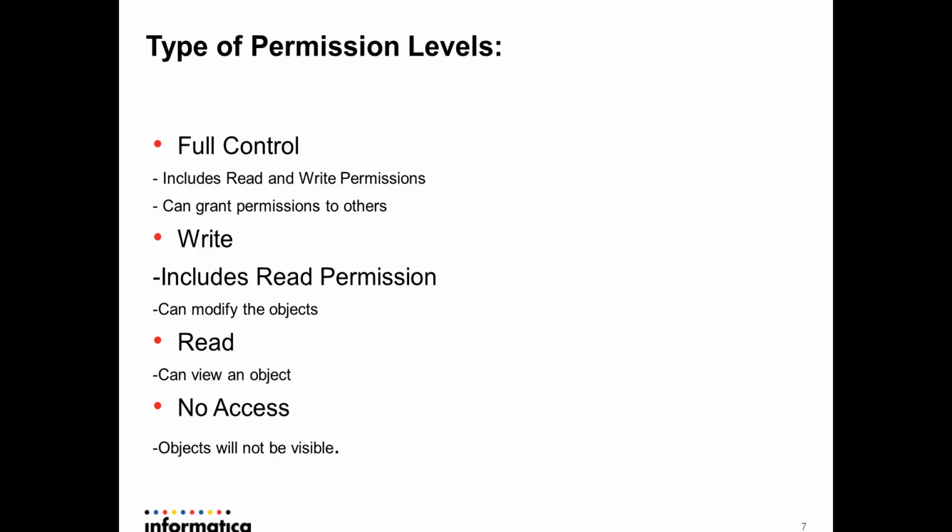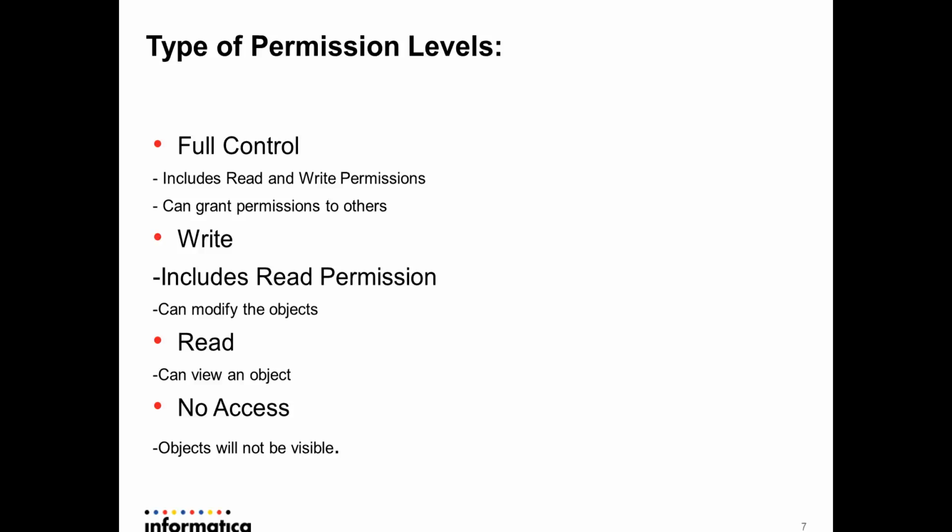The different types of permission levels: one is full control, which includes read and write permissions, and if a user has full control, then the user can grant permissions to other users as well. The other is write, which includes read permission, and if the user has write permission, then she or he can modify the objects.